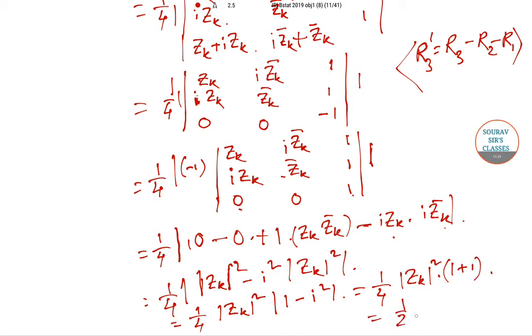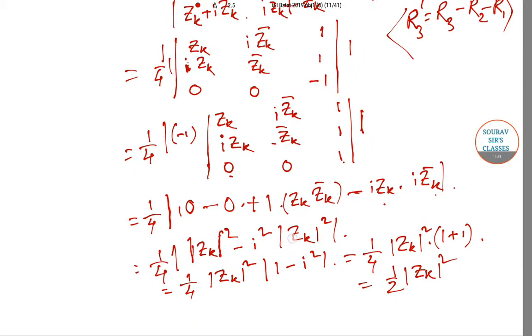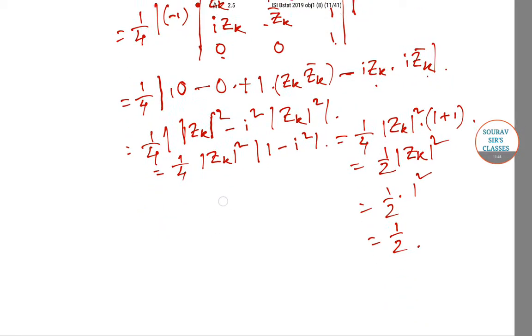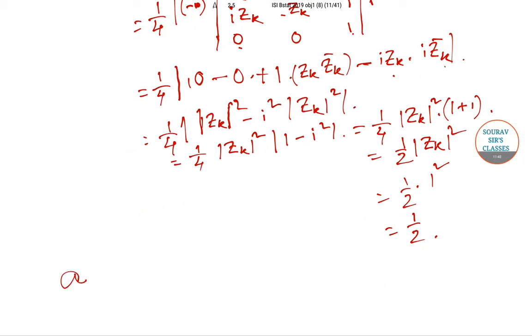Then it is half into mod zk square. Now mod zk equal to 1 is given, so it is half into 1 square, equal to half. So we get Ak equal to half for all k.